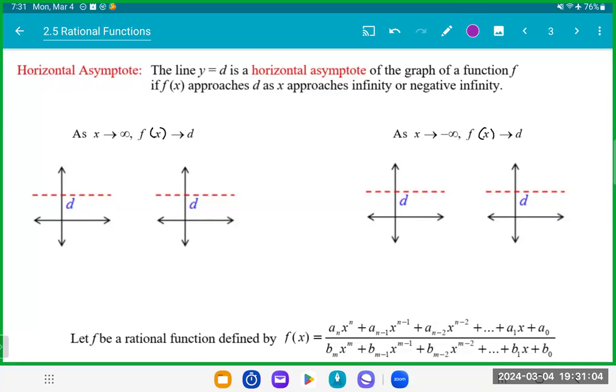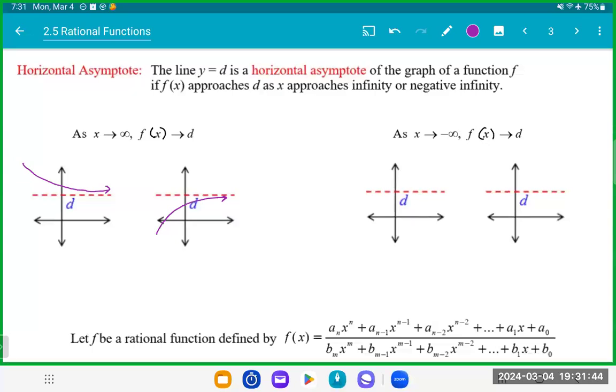So as x gets out here, our function approaches, so it could be something that looks like this, right? D. It could have also been something like this, right? Our x is still approaching infinity, but our function itself is approaching that asymptote at that line D. Okay, so actually I'll put this one on here. So you can see it could have been either way.